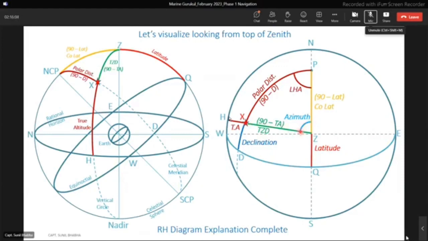So these are the two angles which we can find out in this PZX triangle. Two angles have been identified and all three sides have been identified. The only unknown item which we are not interested in is angle X, the angle at the celestial body. We do not use this angle in our calculations, nor can we find it from this diagram.